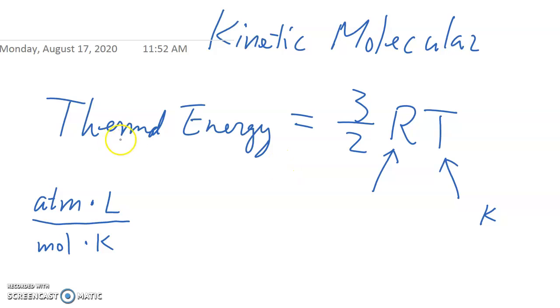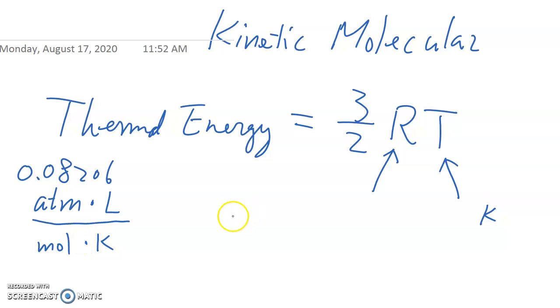Now, because we are going to calculate energy, and very likely convert it to kinetic energy, we are going to use the SI unit over here. That means we need to use joules. By the way, with the first unit, the R will be 0.08206.